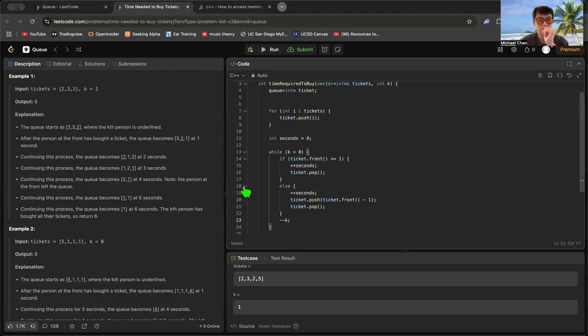Oh. K equals to 2, K equals to 1, K equals to 0.